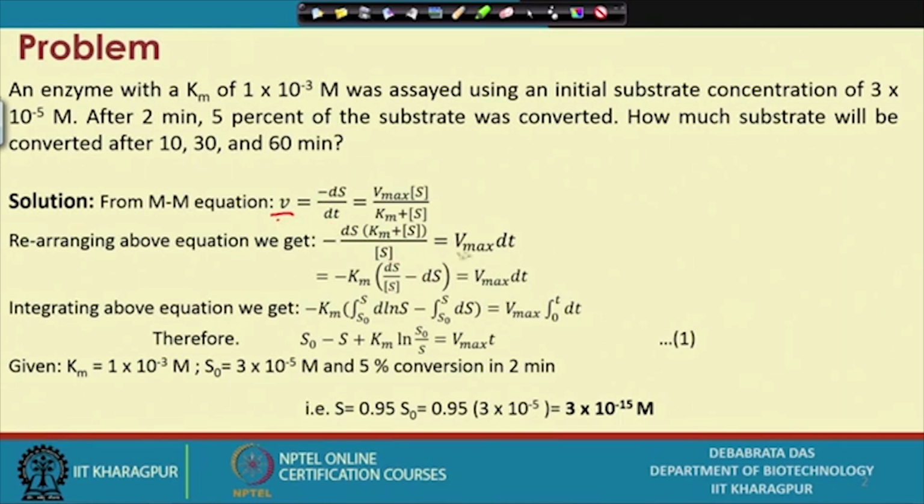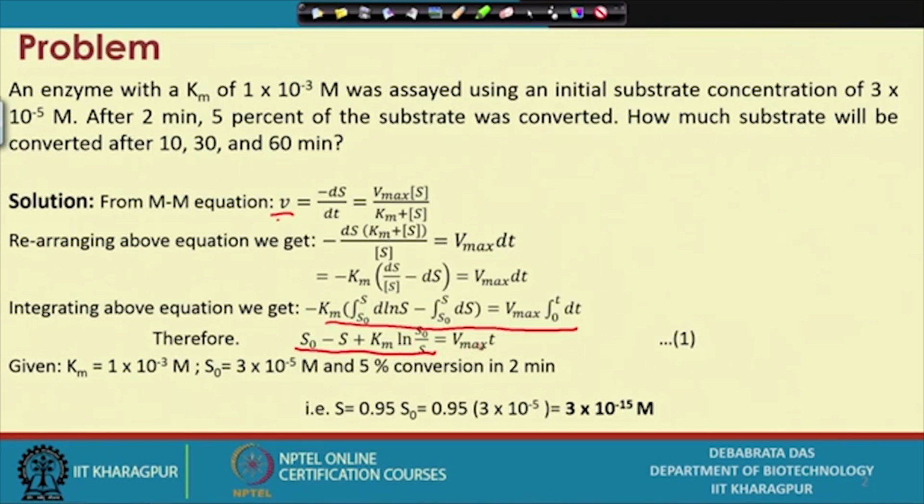From this we can develop the correlation. The final correlation is Km times d ln S plus dS, integrated from S0 to S, equals Vmax times dt from 0 to t. If you solve it, it will be S0 minus S plus Km ln S0 by S equals Vmax t.